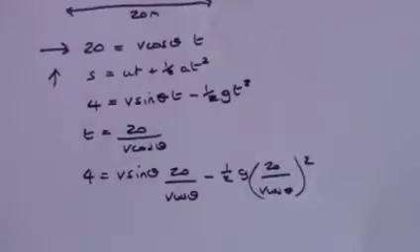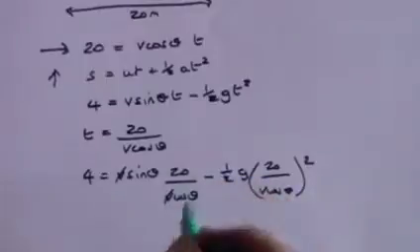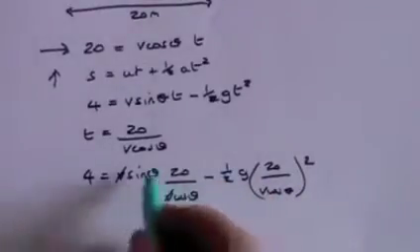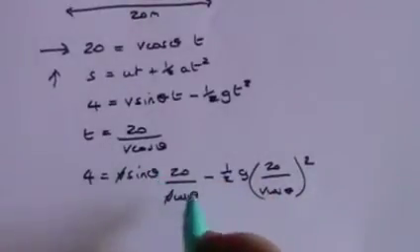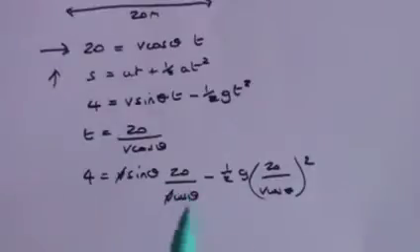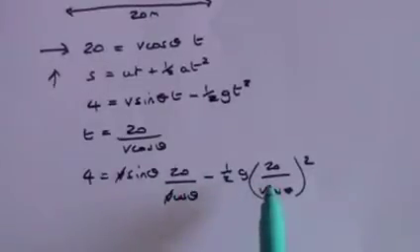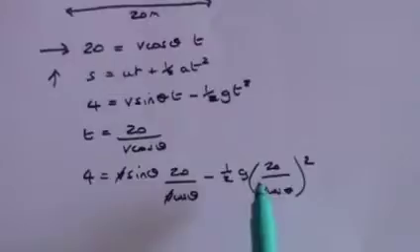And again, it looks horrendous, but remember that the v's cancel out here, and sine theta divided by cosine theta is tangent of theta. So it starts to simplify, but the important thing is that the exam question will give you some of these values, and you'll only have to rearrange the formula in order to solve for the value that is unknown.